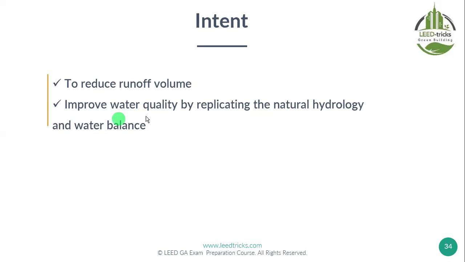This also impacts quality, because when water runs in the street, it takes all the pollution, and then where will it go? To the land again, meaning polluting the water life cycle, impacting the hydrology, the land and the hydrology. So improving water quality by replicating the natural hydrology and water balance is very important.